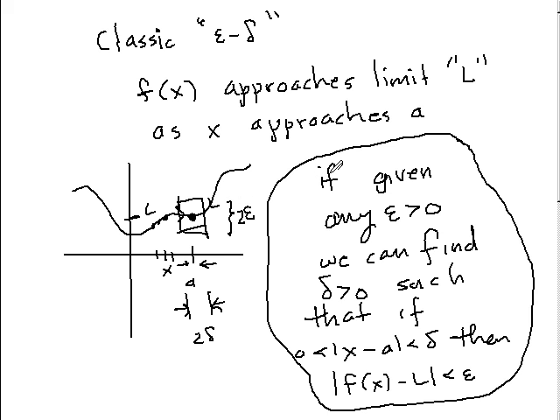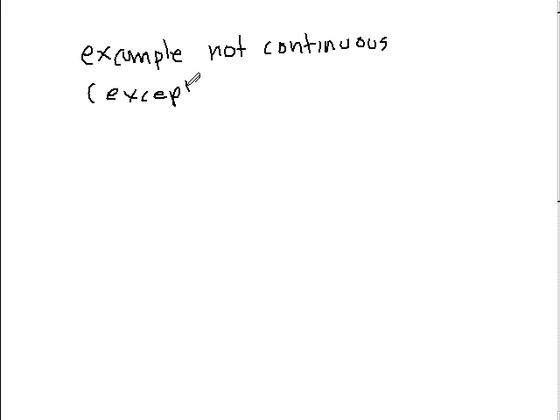Now, it is not true that the function has to be graphable or even continuous to have a limit. So, for example, here's an example of a function which is not continuous, except at 0, but has a limit at 0.